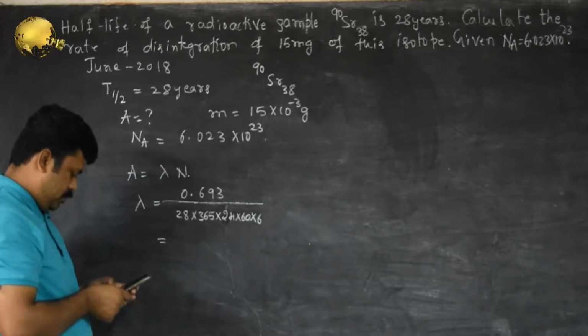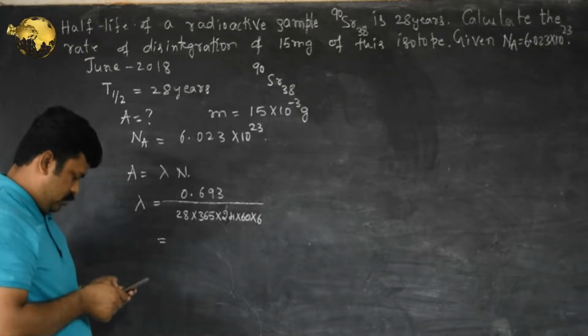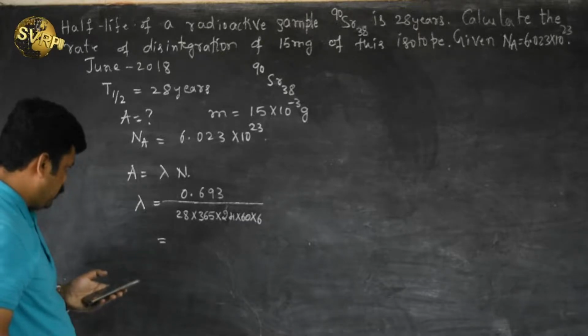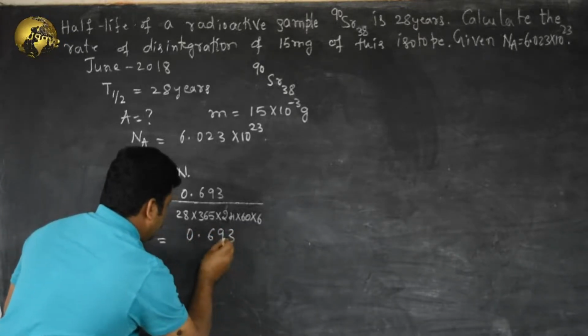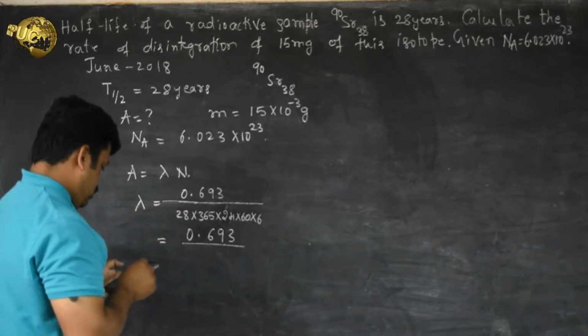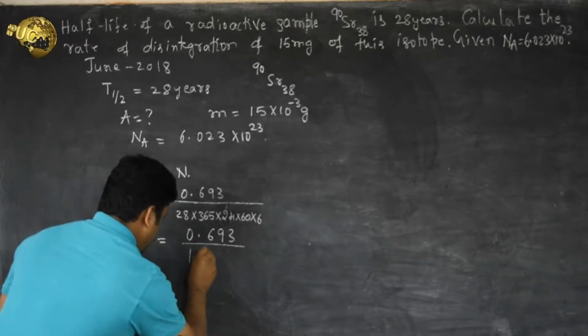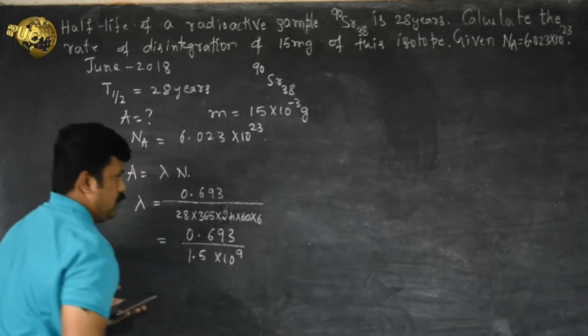This is going to be 0.693 whole divided by 8.83 into 10 to the power 8, so I can write it as 1.5 into 10 to the power 9.